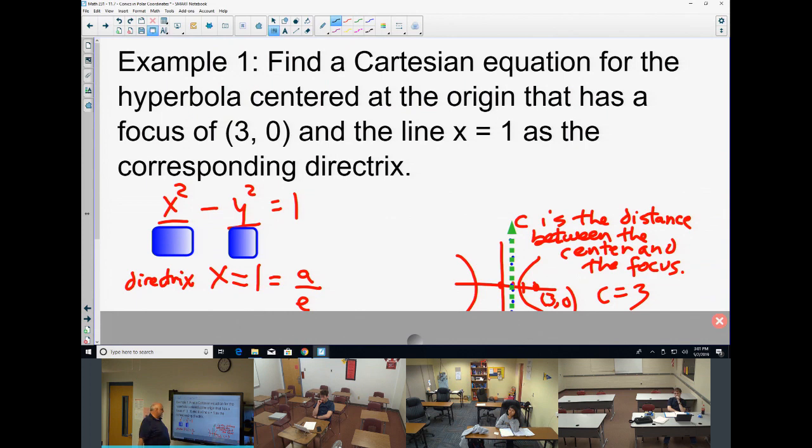So C is 3. We also know that the directrix is 1 because we're told that x equals 1 is the corresponding directrix. And the directrix is A divided by E. So if 1 is equal to A divided by E, then what does that tell us?